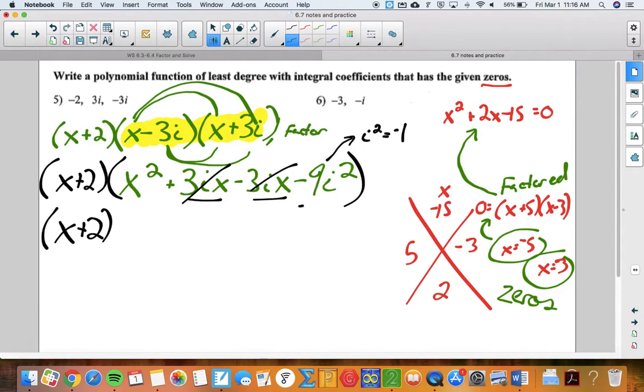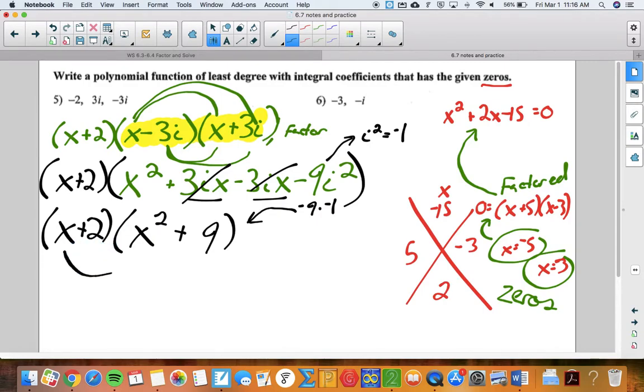So this is really negative 9 times negative 1. That's positive 9. Keep that in mind. These two terms canceled out, so all of this stuff that I've highlighted really is x squared plus 9.